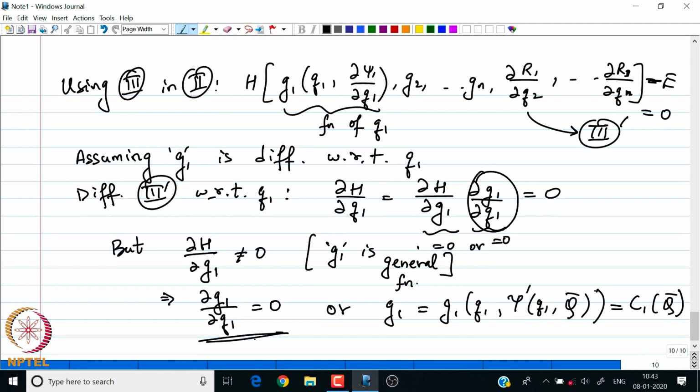Okay. So let me call this finding as my 4.